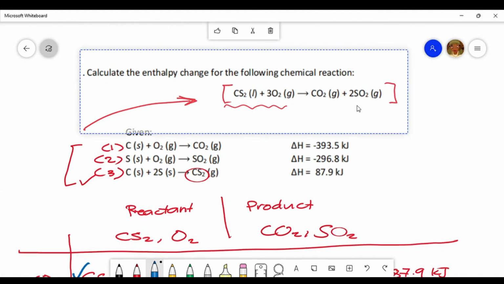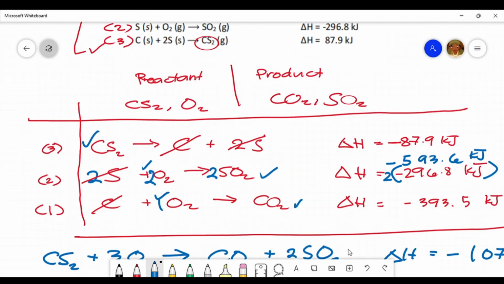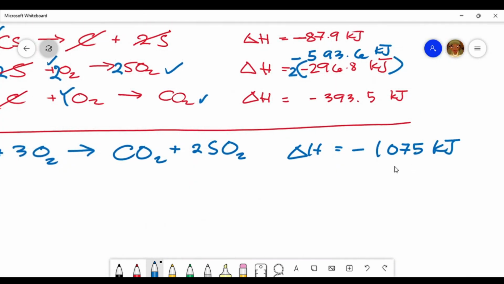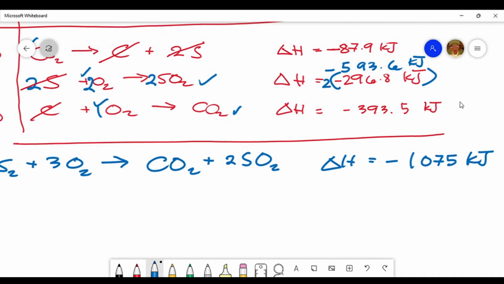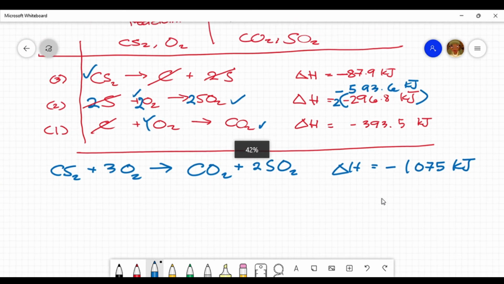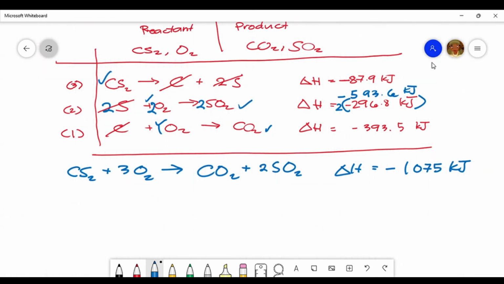We have arrived at negative 1075. And that's how you solve for the enthalpy change. You manipulate and balance the given equations, including their enthalpy change values.